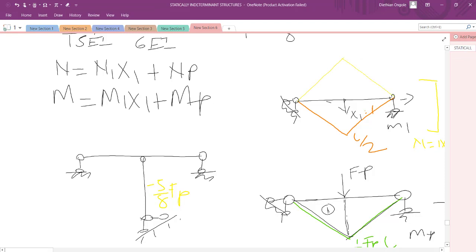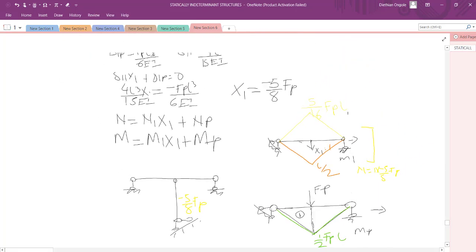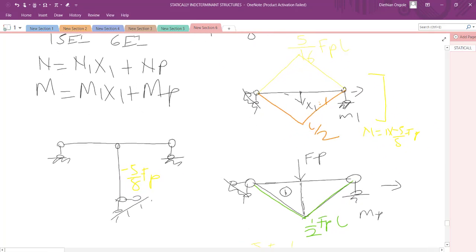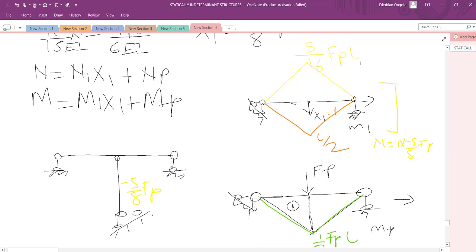So here we shall be having 5 over 16 FPL. It becomes positive because you're now drawing it on the opposite side.